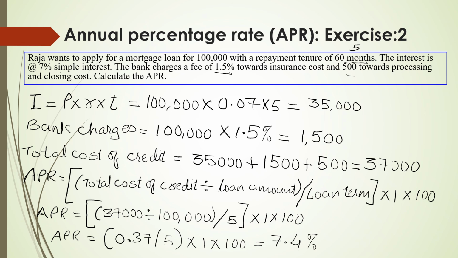Always remember, we are calculating annual percentage rate, so it will come in percentage. 7.4% is my APR, or annual percentage rate. So this is the actual or total cost of borrowing money. Just pay attention. 7% is the simple interest, but the actual total cost which Raja has to pay on taking a mortgage loan is 7.4%.